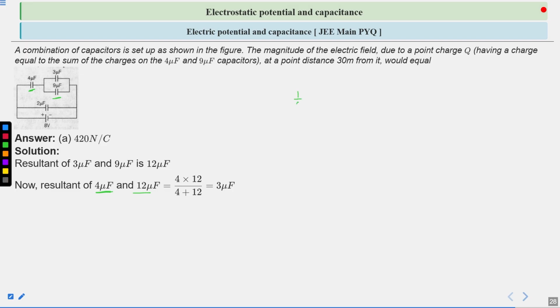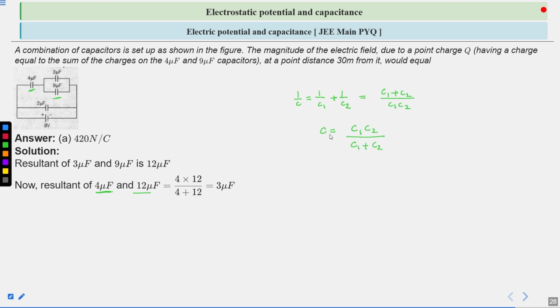So 1 by C equals 1 by C1 plus 1 by C2, which becomes C1 plus C2 upon C1 C2. So this C will become C1 C2 upon C1 plus C2.